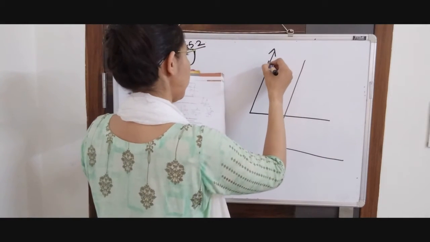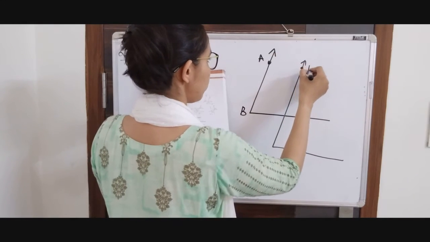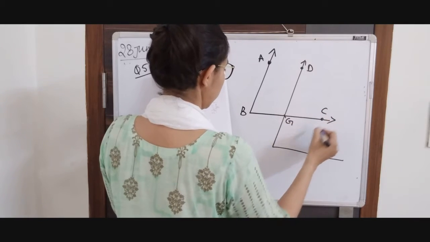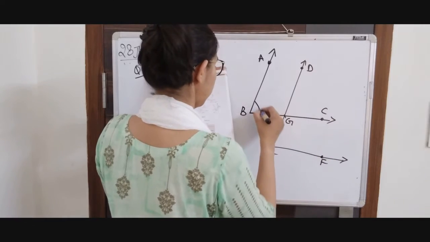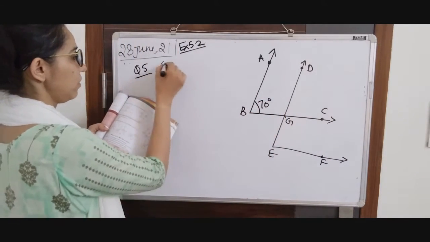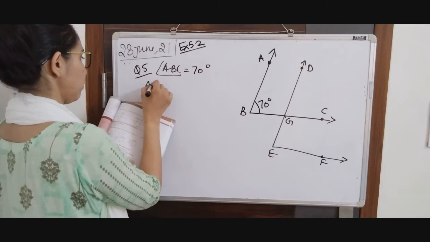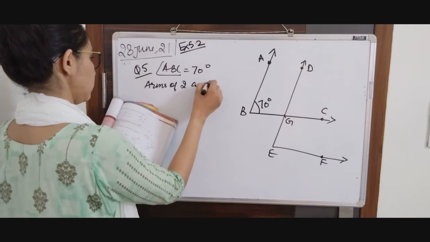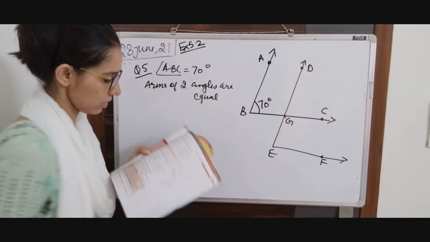It means there are going to be two pairs of parallel lines, not one, because there are two arms. This point is G, this point is C, this point is E, and this is your F. This angle is your 70 degree. Angle ABC is provided with this, and arms of two angles are parallel. This is given to us.